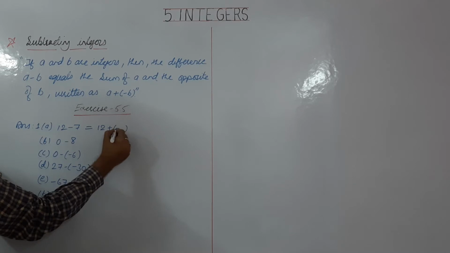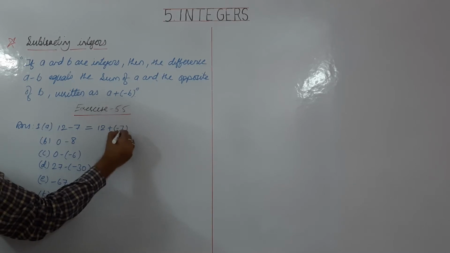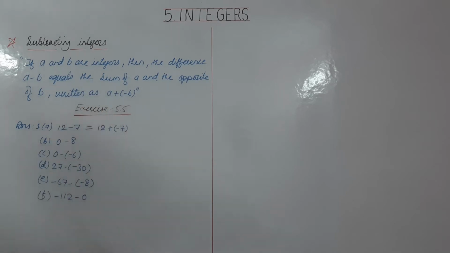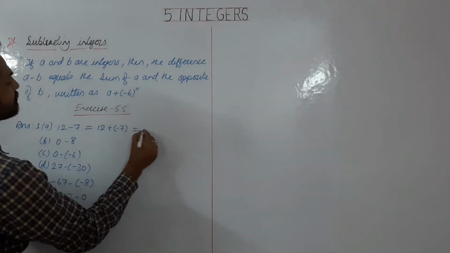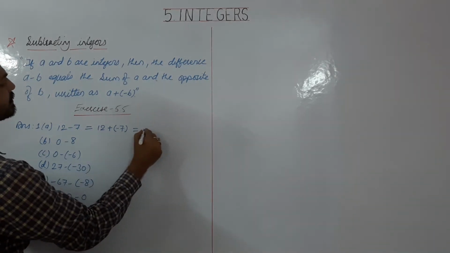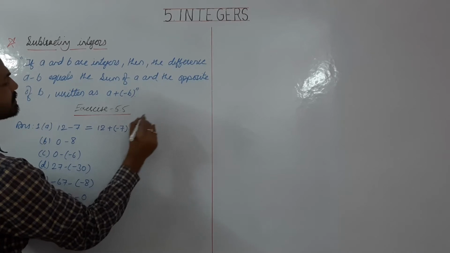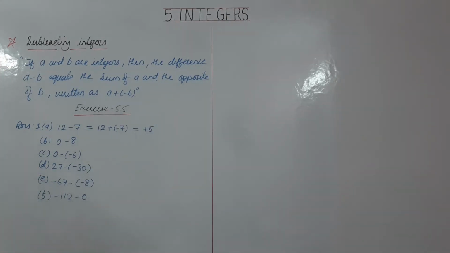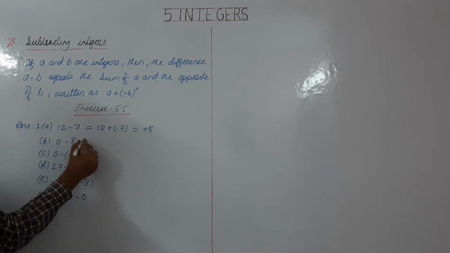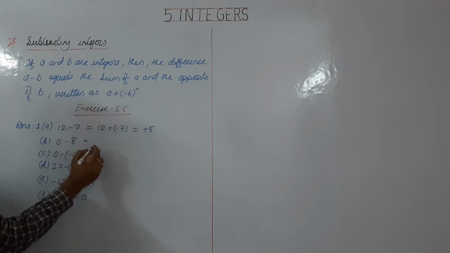So opposite of 7 is minus of 7. So 12 plus minus of 7, or opposite of 7. And the answer is 12 minus 7 is plus 5. Then 0 minus 8, again we have to change its form, or we are required to write in this format.